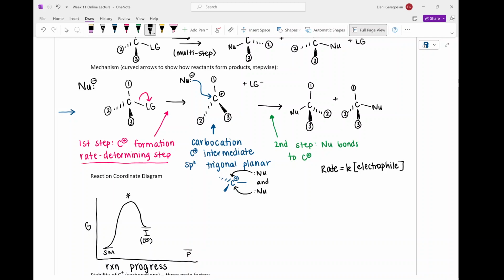So once the intermediate is formed, then we have another step with its own activation energy and own transition state energy, but we know that that is going to be lower energy because it is not the rate determining step. So right here, we have the rate determining step. It has a higher activation energy and higher energy transition state.